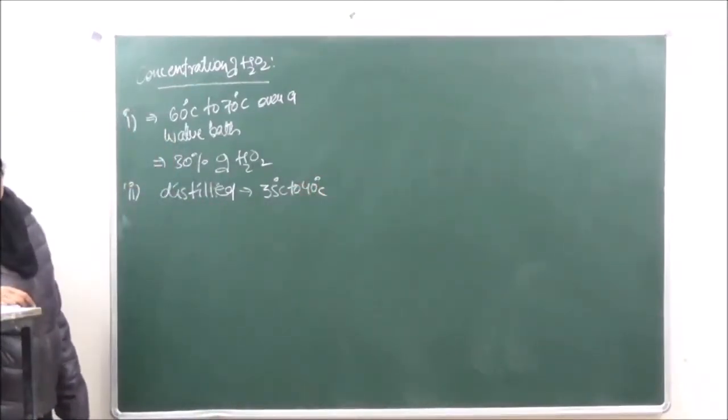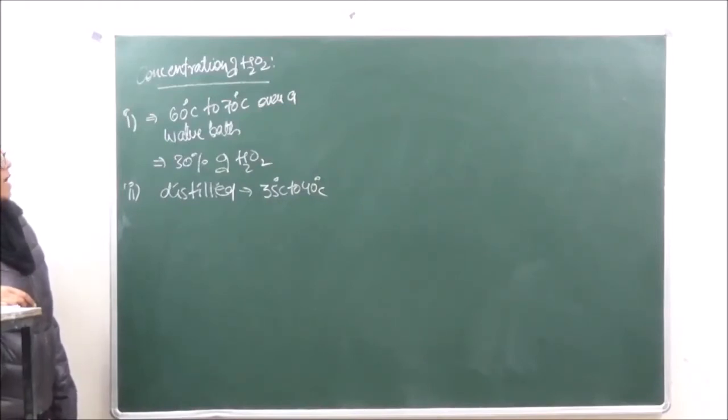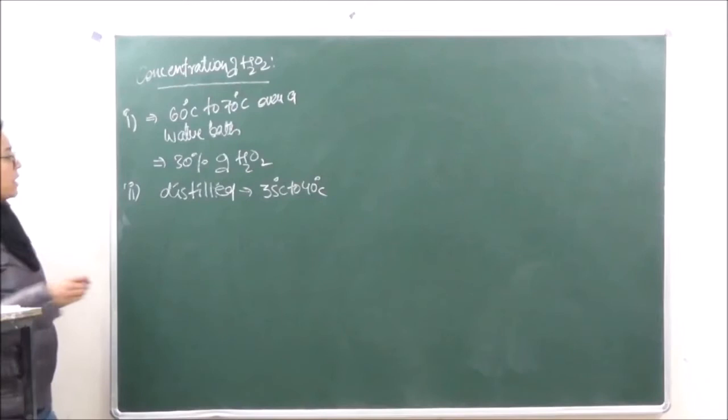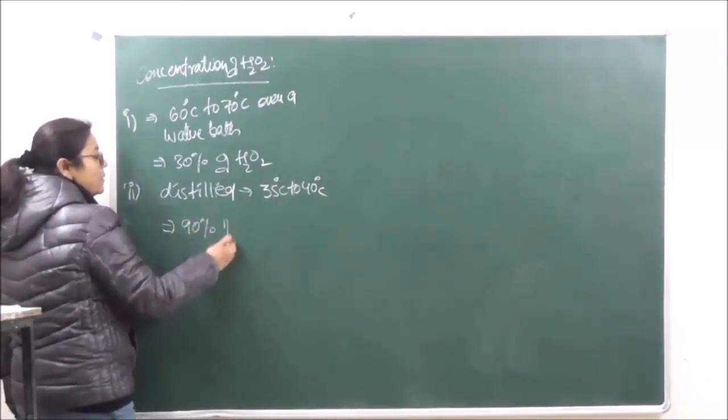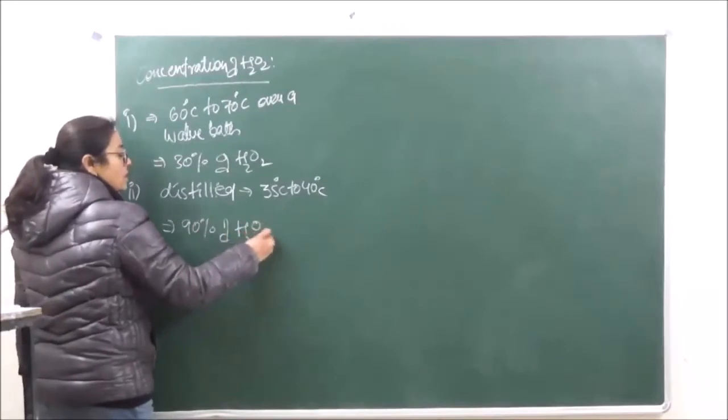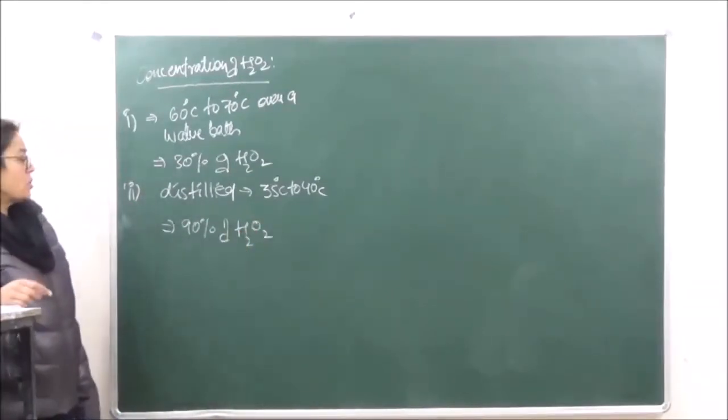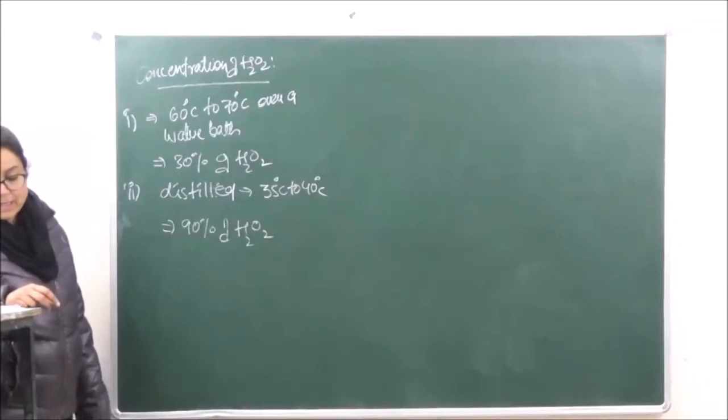Okay? Now after this, at 35 to 40 degree centigrade, we are going to reduce the pressure, as a result of which we get approximately 90% of H2O2. So quite a high concentration of H2O2 can be obtained by the second method.